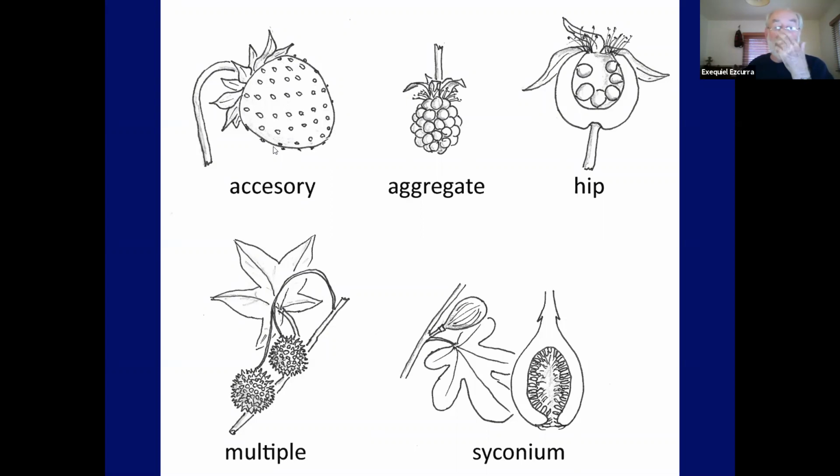They're really a nuisance when you put a strawberry in a blender to try and make a smoothie. You want to filter those things because they get into your teeth and they're not really so nice to eat. So the reward for the disperser is not the fruit itself, but the central part of the receptacle that becomes fleshy. 100% maternal tissue that becomes fleshy and is what actually acts as a reward for the dispersers.